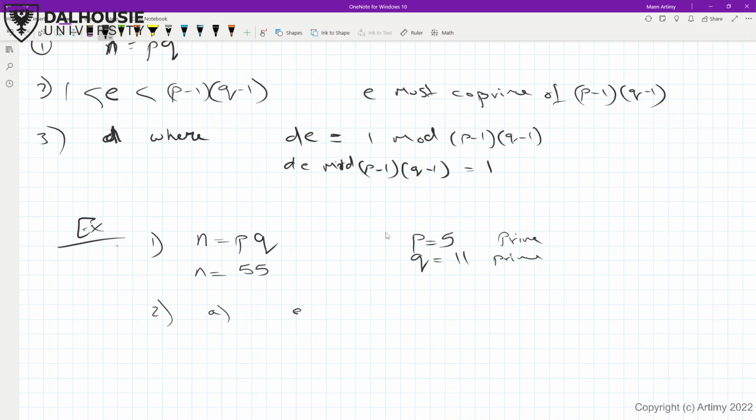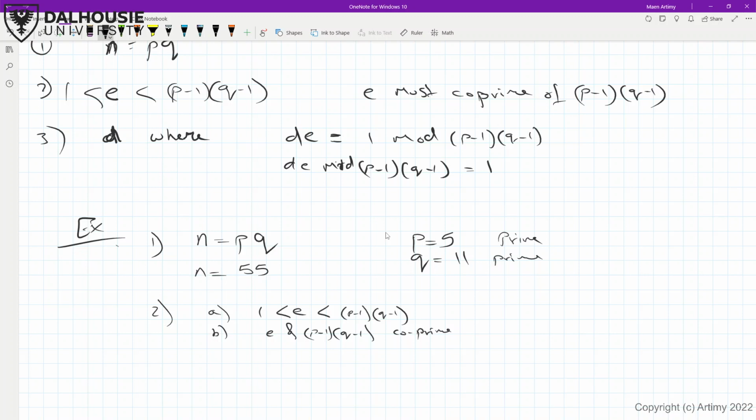The first condition is E must be greater than 1 and smaller than (P minus 1)(Q minus 1). And the second condition is that E and (P minus 1)(Q minus 1) are coprime.